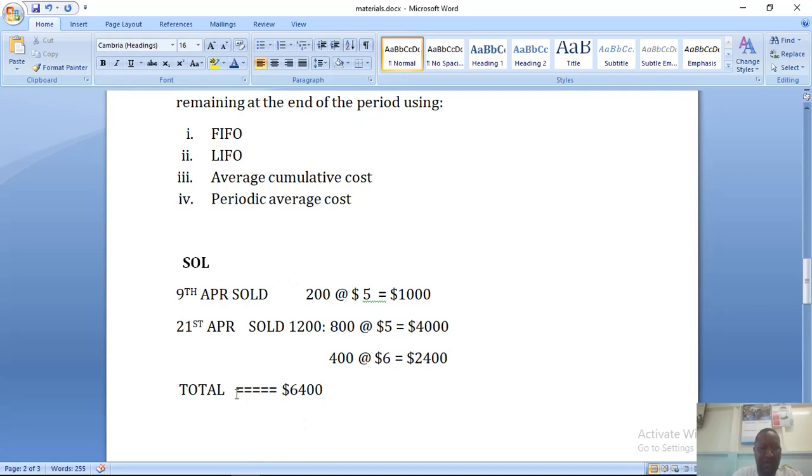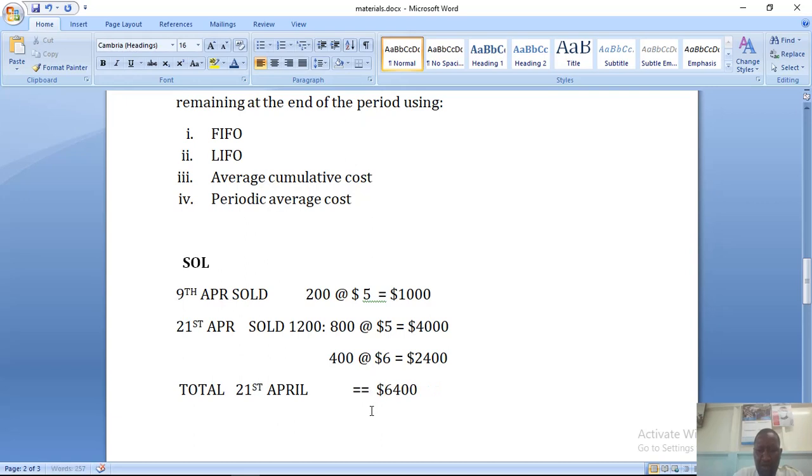That's the total for 21st April's issue. So there we are. That's the 6.4.